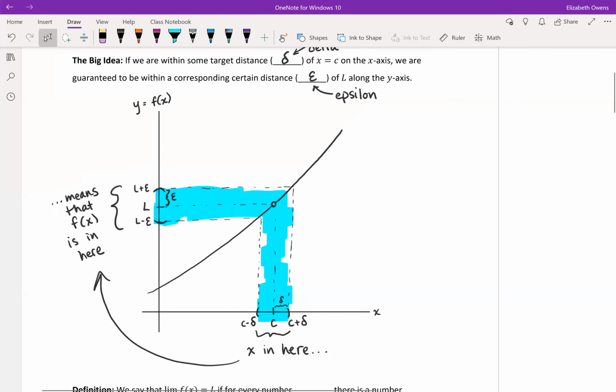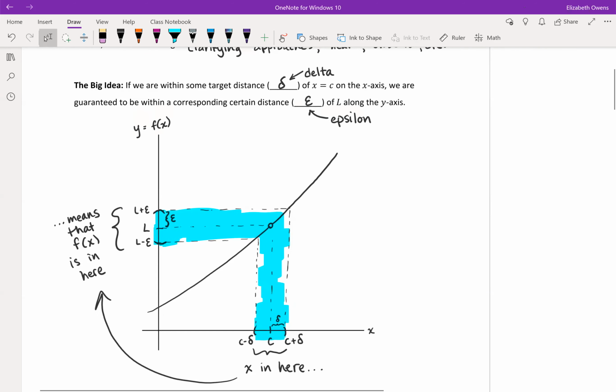Well, that means if we can define delta and epsilon that go along with each other, we can bring in that interval or region around x equals c to be as small as we want it to be. We can get very, very close.